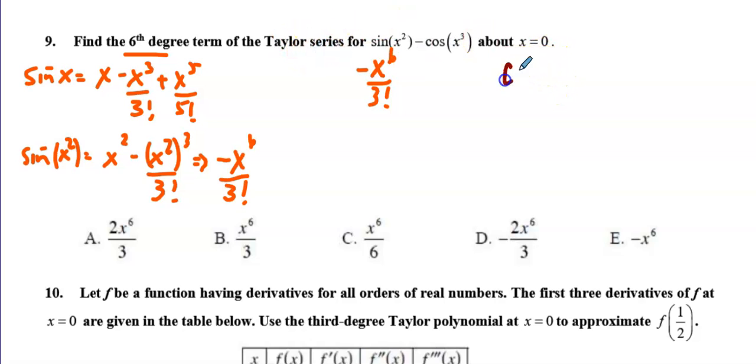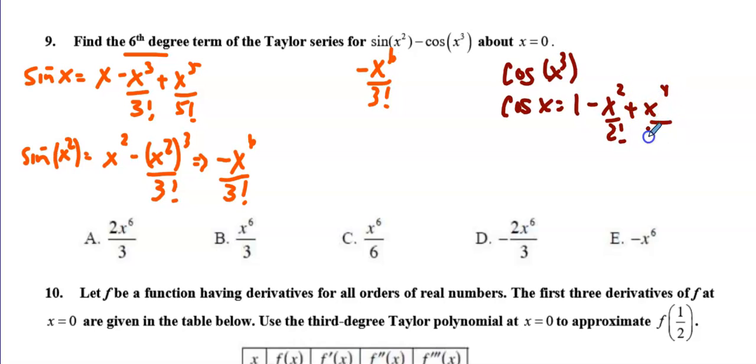Over here, let's look at cosine of x cubed. And so manipulation. Well, what is cosine? Well, cosine is going to be 1 minus x squared over 2 factorial plus x to the 4th over, oh sorry, x to the 4th over 4 factorial. And so if we manipulate this one, then everywhere we see an x, we're going to put an x cubed.